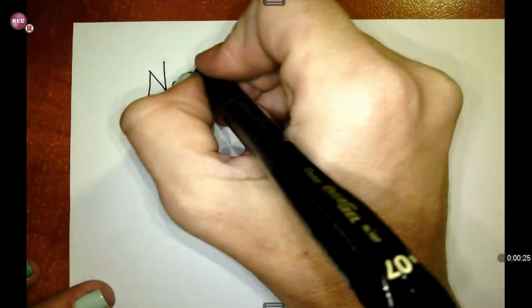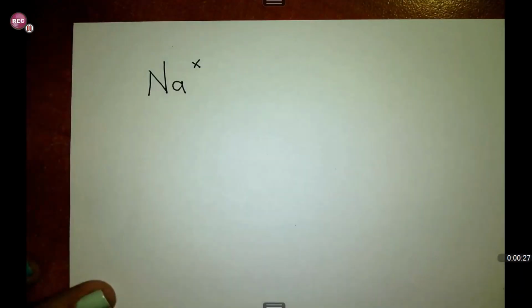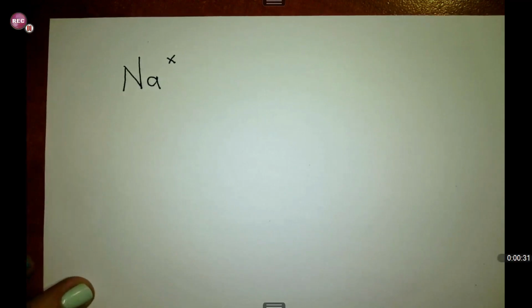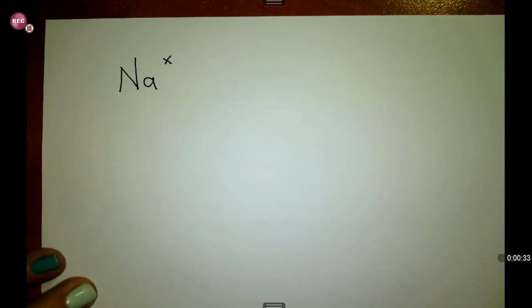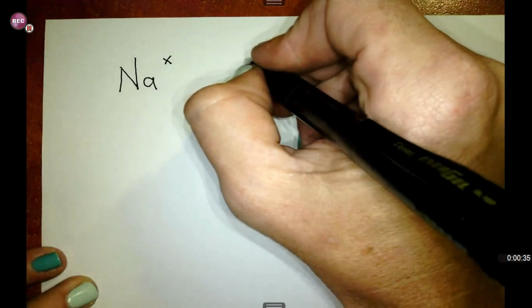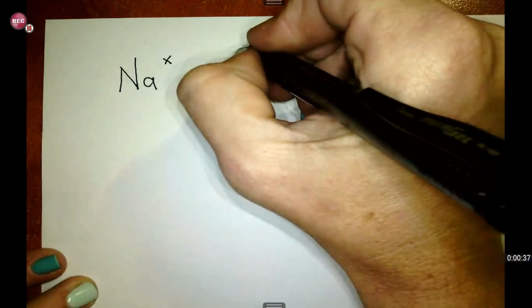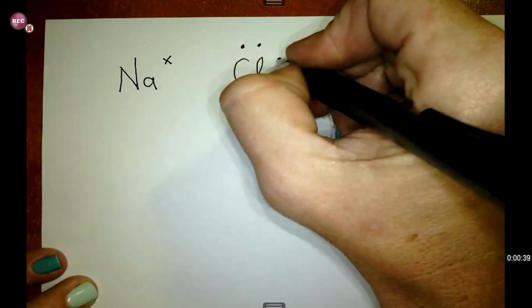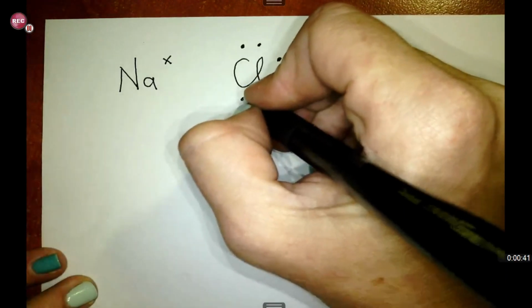The first example I'm going to do is sodium chloride. Sodium, Na, is in group 1, and so sodium has 1 valence electron. Chlorine is in group 17, Roman numeral 7, and so chlorine has 7 of its own electrons.